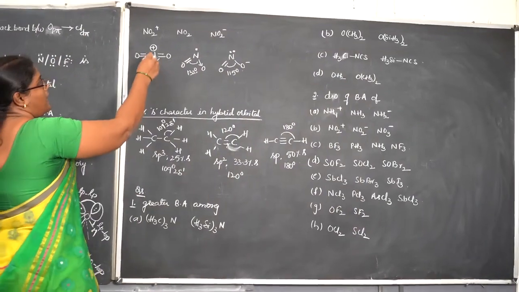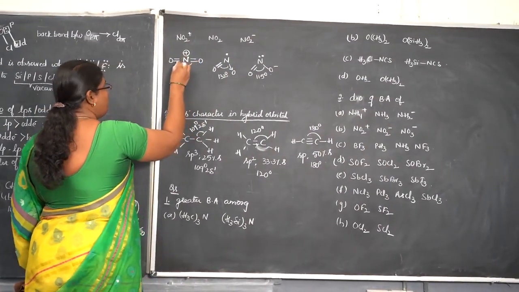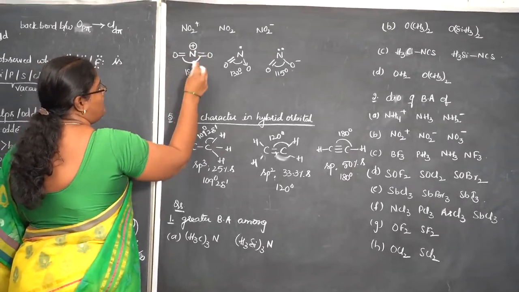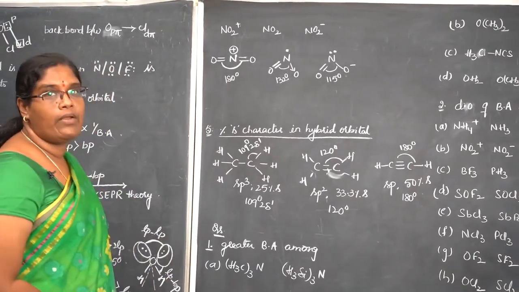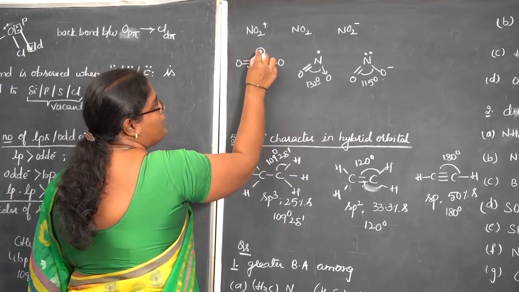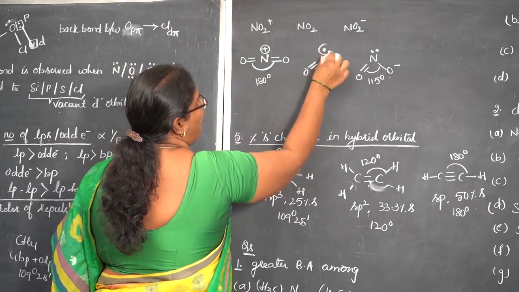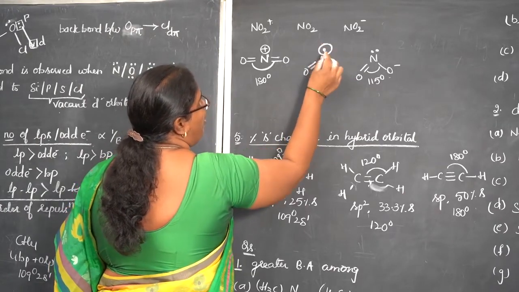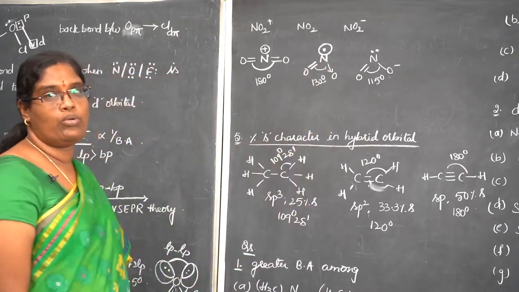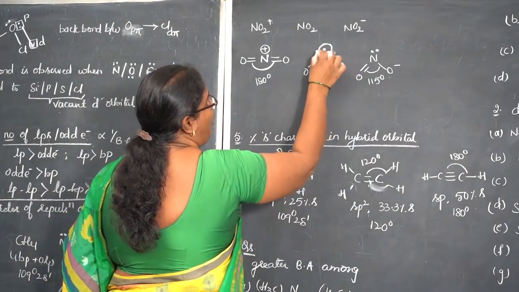So, NO2 plus, NO2, NO2 minus. In NO2 plus, we have only the bonded pairs. So the molecule is linear, and the bond angle is 180 degrees. In NO2, at the place of the positive charge in NO2 plus, we have an odd electron. This odd electron is also attracted by only the nucleus of nitrogen, so it can offer repulsions on the bonded pairs.